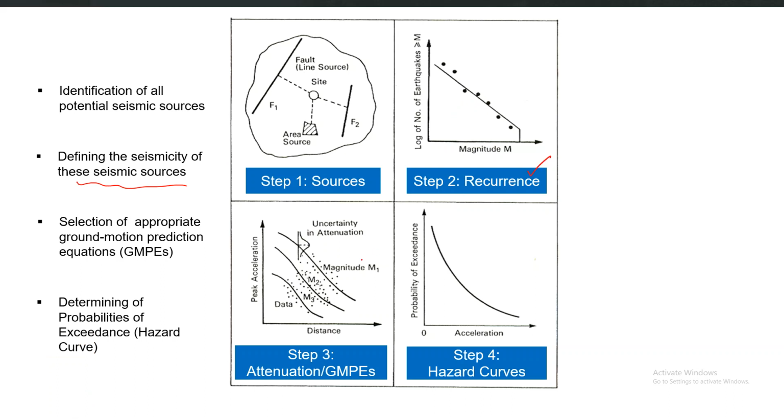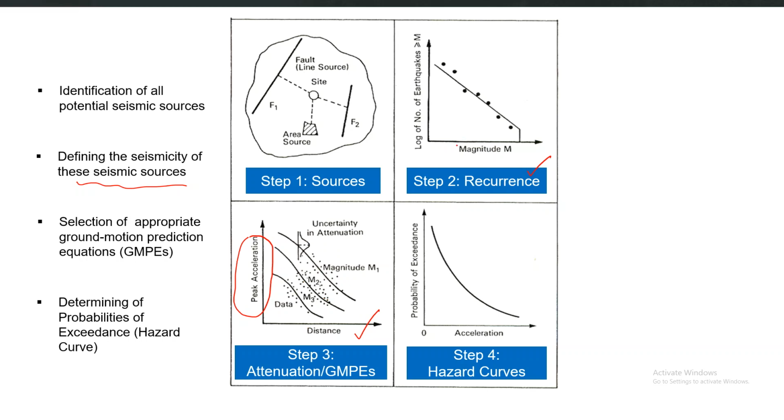Then the third step was the selection of appropriate ground motion prediction equations, also called attenuation models. They tell us the rate of decrease in the seismic hazard parameter, for example peak ground acceleration, with increasing distance from source to site. For different magnitudes, it gives us different relationships.